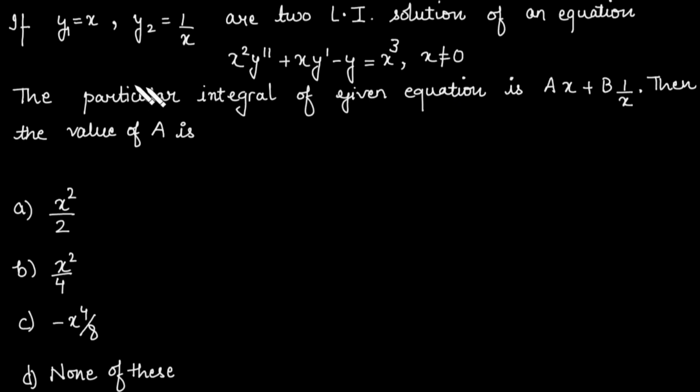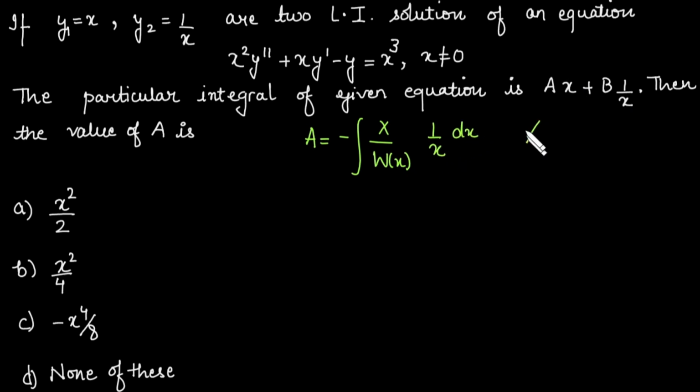Second is, whenever we have this type of form, where two solutions are given to us and based on these two solutions we are writing the particular integral, it means we need to apply the method of variation of parameters. In this case we need to find the value of a. A is minus integration of x upon the Wronskian of the functions into, rather than taking x we will take the second function, that is 1 by x.